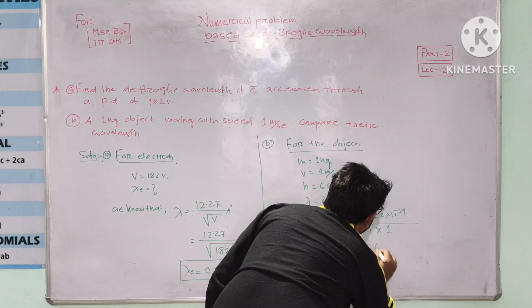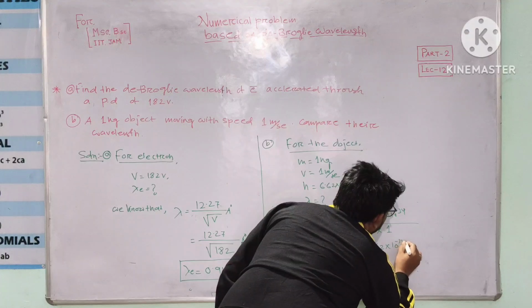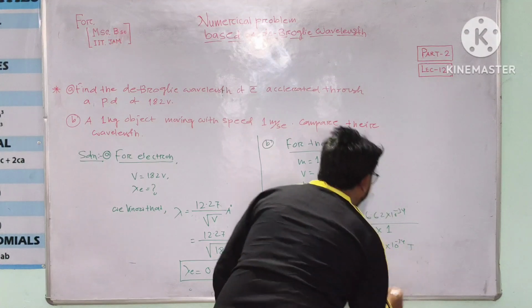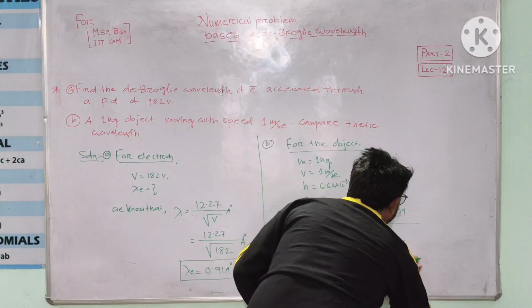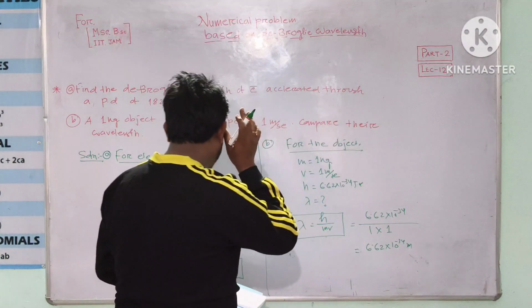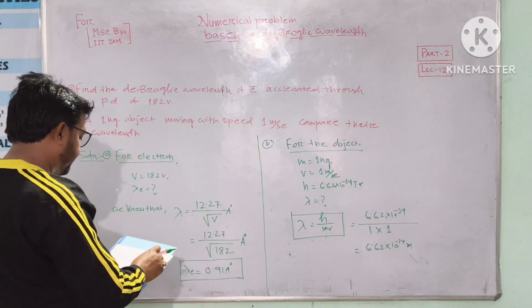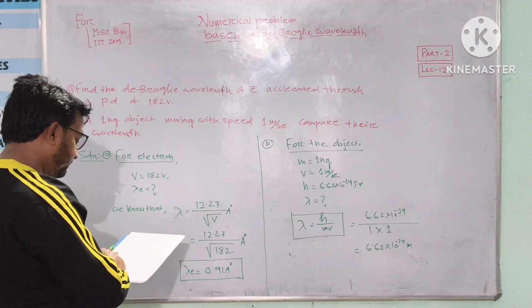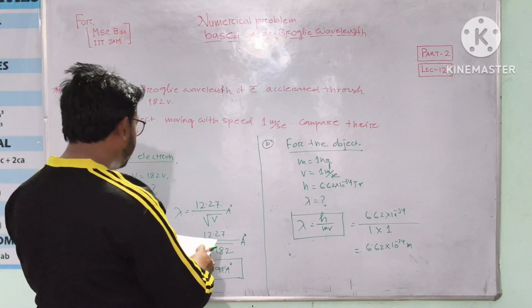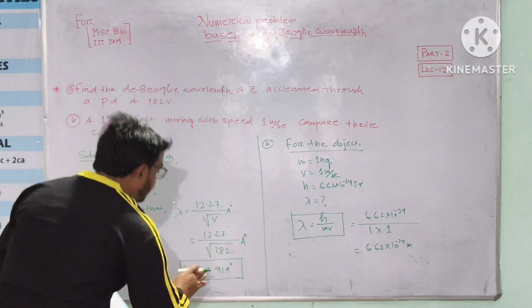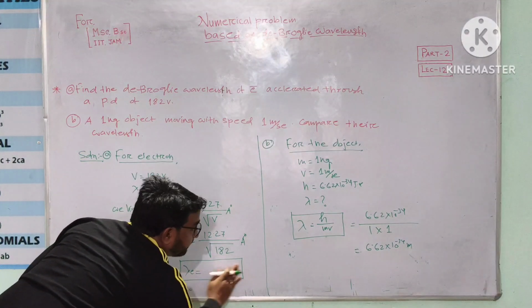After solving this part, 6.62 into 10 to the power minus 34 meter. This value we can convert in meter.